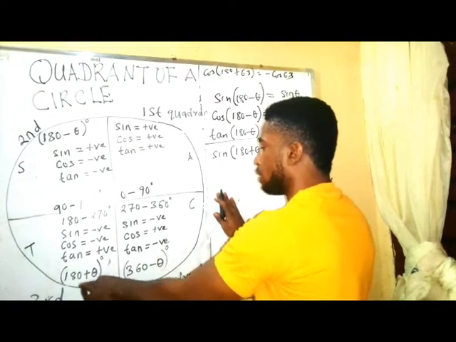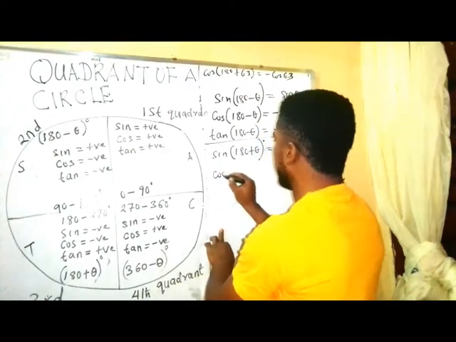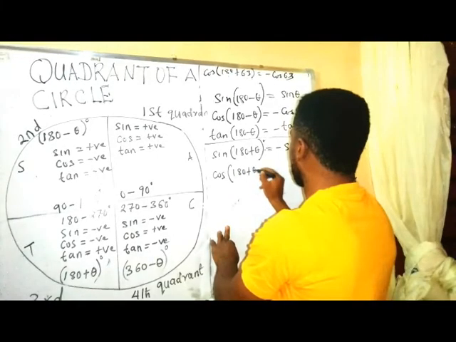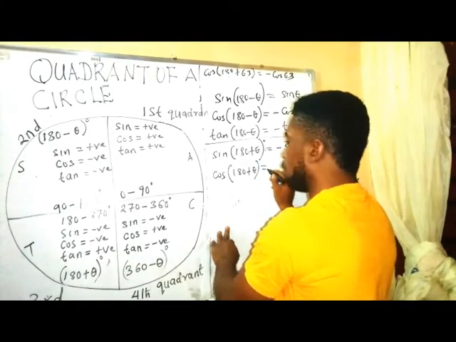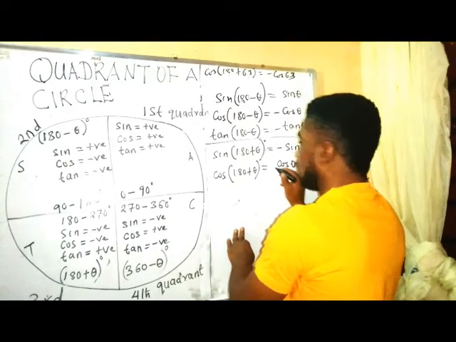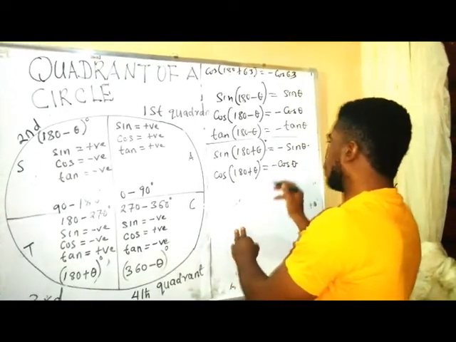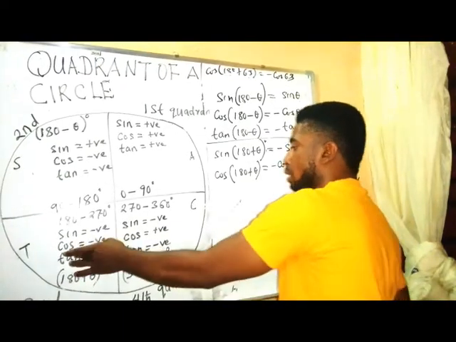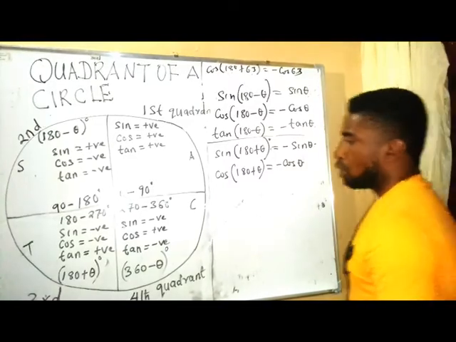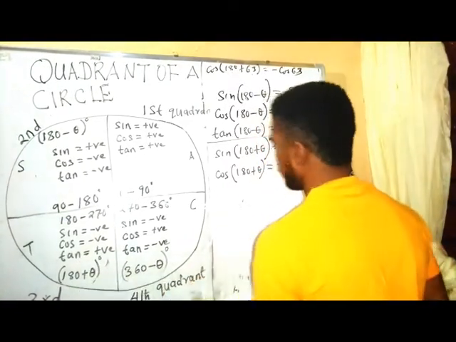Then we look at the cosine of the range of this angle. Cos of 180 plus theta will give you cos theta, but it will carry a minus sign, because at the third quadrant cosine is negative. And then we look at tan of the range of this angle.